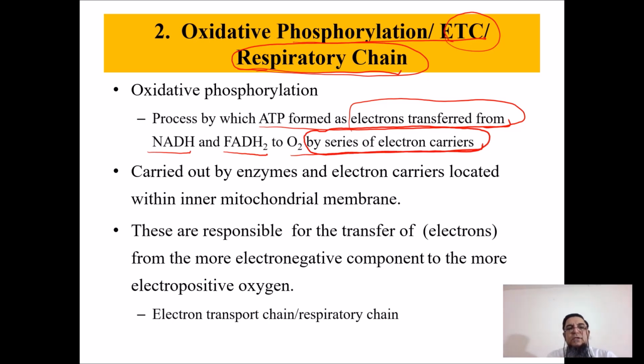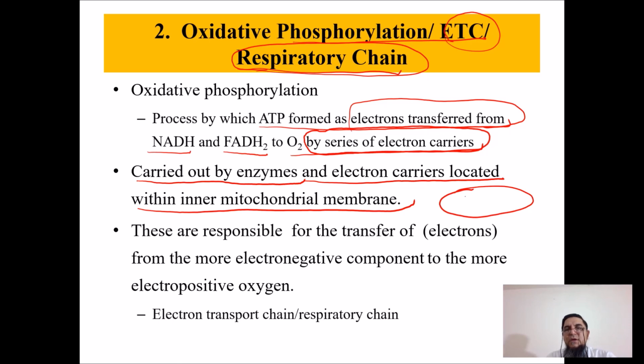The function of the carriers is carried out by enzymes, and the electron carriers are located within the inner mitochondrial membrane.